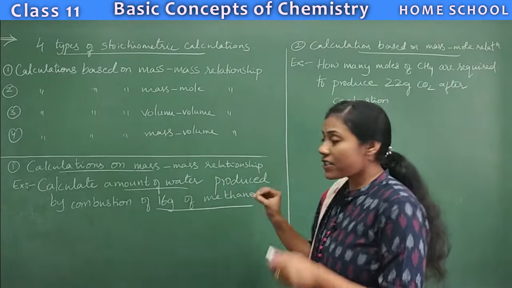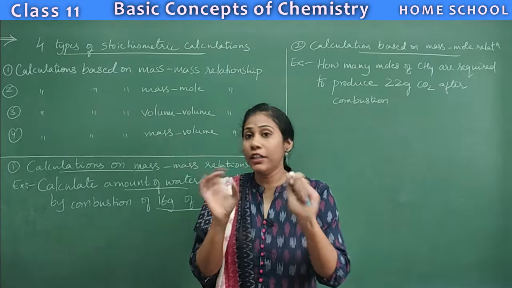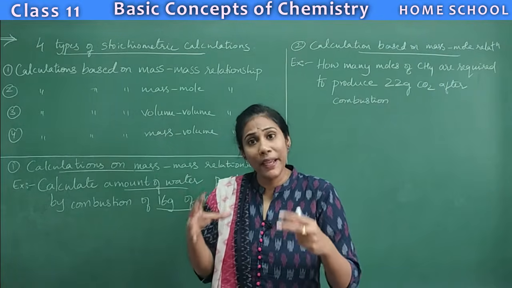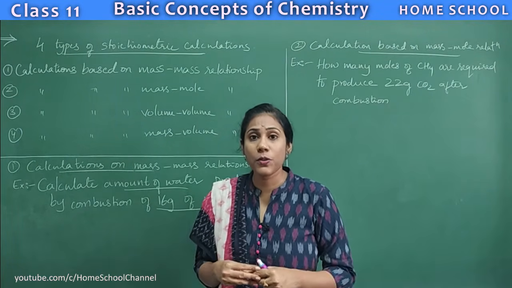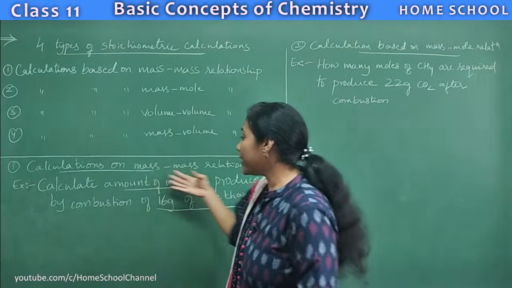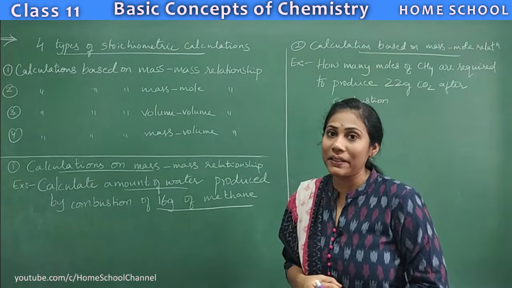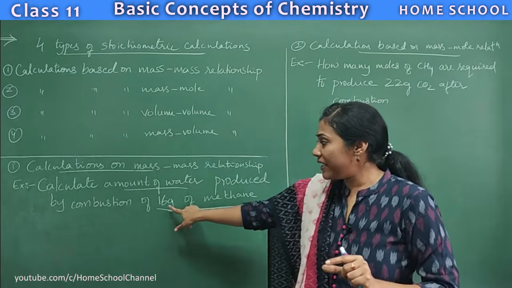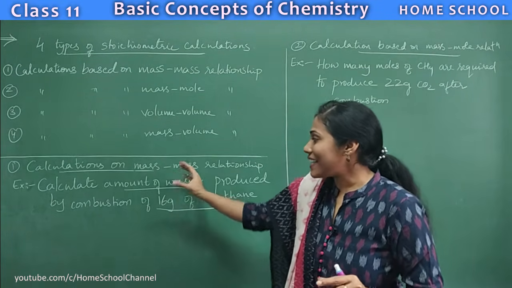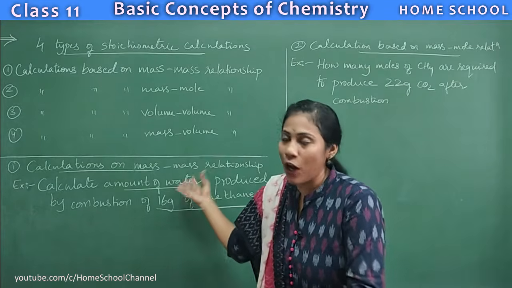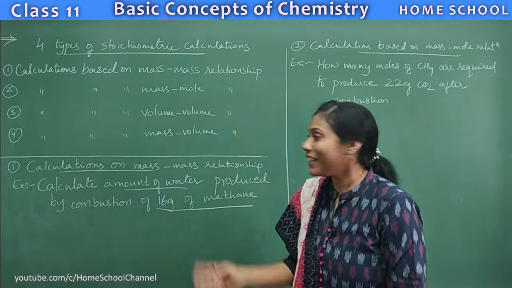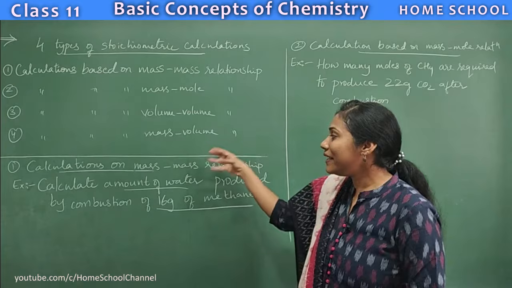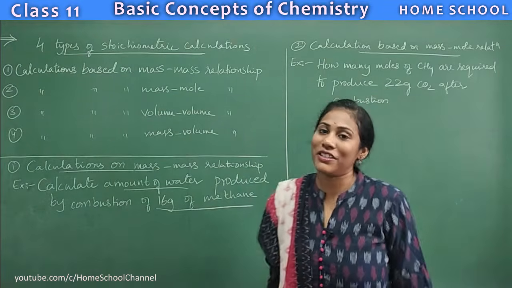They said when 16 grams of methane undergoes combustion, some amount of water is formed. So that mass of water they are asking you to calculate. You observe one thing, they have given some clue with respect to mass and they are asking you to calculate mass of some product only, right? So this is an example that comes under mass-mass relationship.